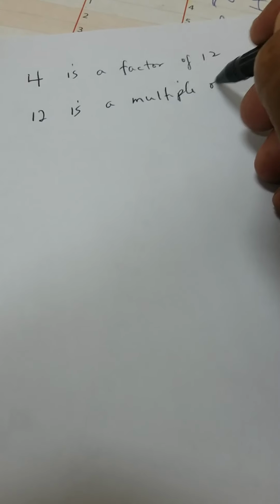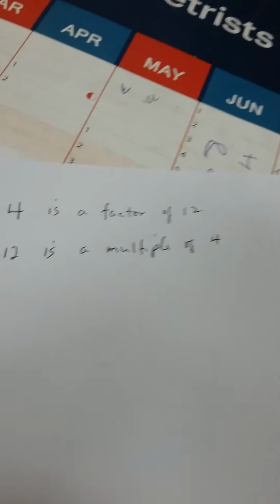And why is 4 a factor of 12? 4 is a factor of 12 because 4 can go into 12. But 12 is a multiple of 4. Look at that. See the difference. 4 is a factor of 12, but 12 is a multiple of 4.